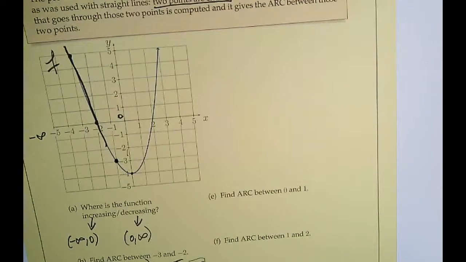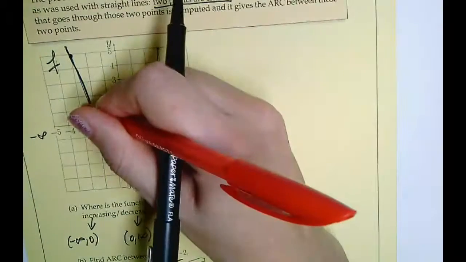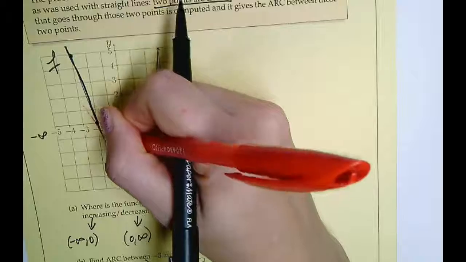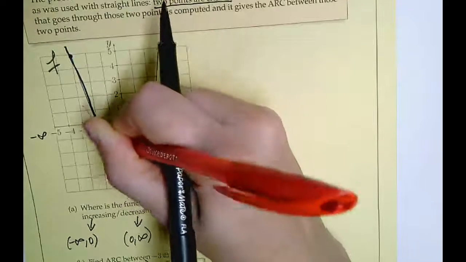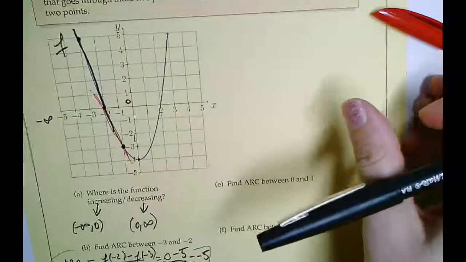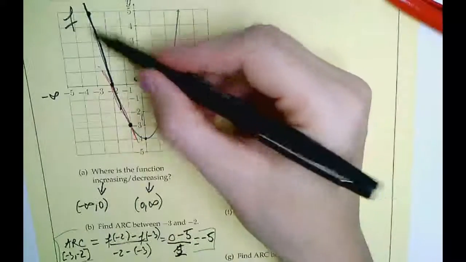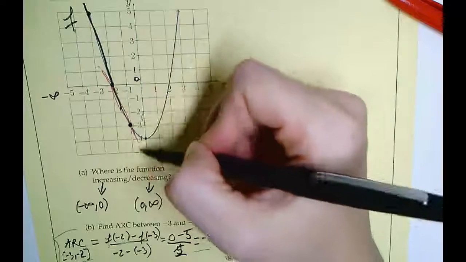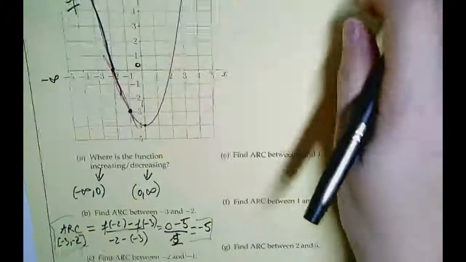Now I'm interested in finding the slope between these 2 points. It's kind of hard to see because it's almost linear on that portion, but we know that it's not just connected lines, it's curvy.